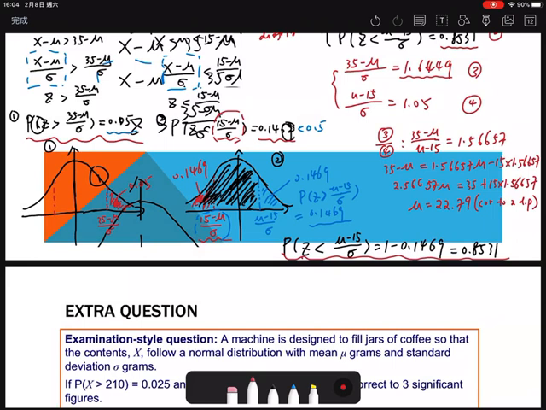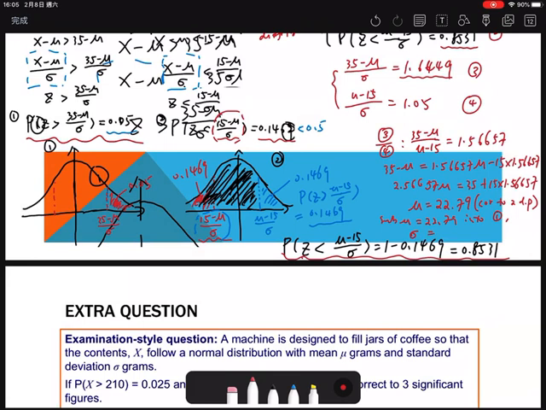This is the value of mu, and now sigma. So substitute mu equals 22.79 into the first equation, and we can get the value of sigma.